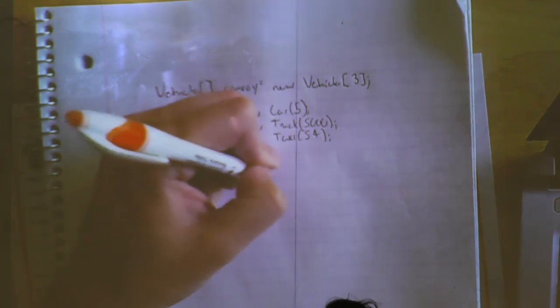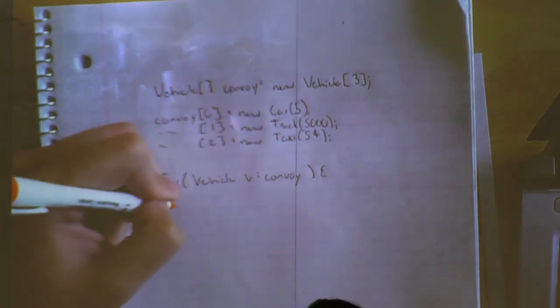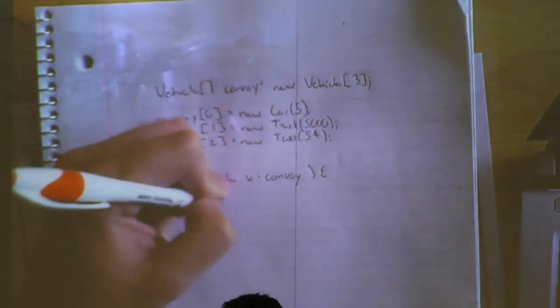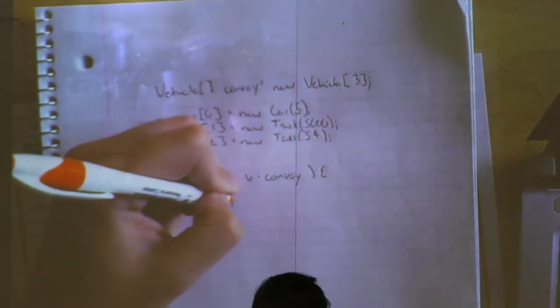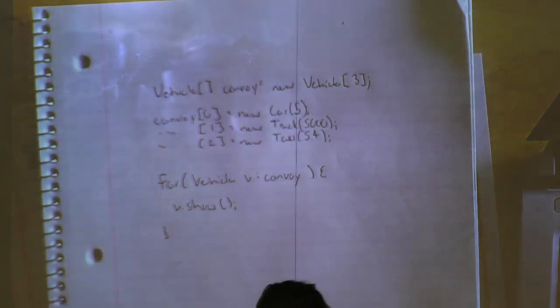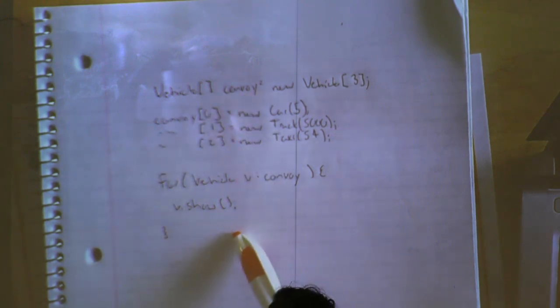we write a for loop that cycles through all of the elements in the vehicle array, and since we can guarantee that everything in the vehicle array has at minimum that show method, you can call the show method on every vehicle in the array.